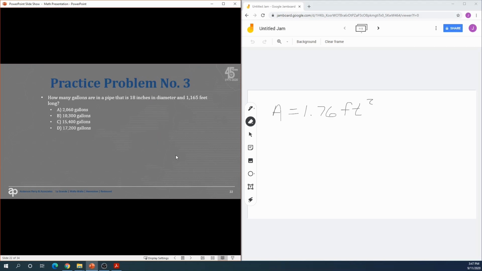So volume is equal to the area times the height, or in this case the length, which is equal to 1.76 feet squared times our length of pipe, 1,165 feet.